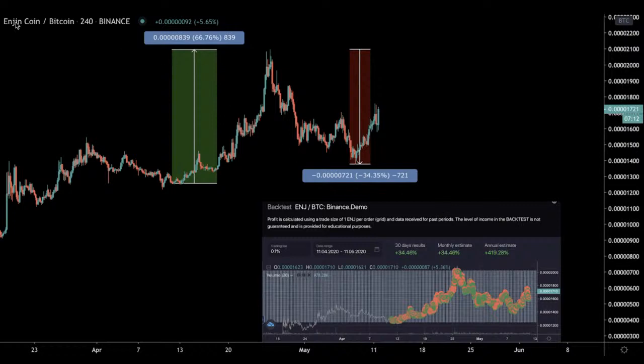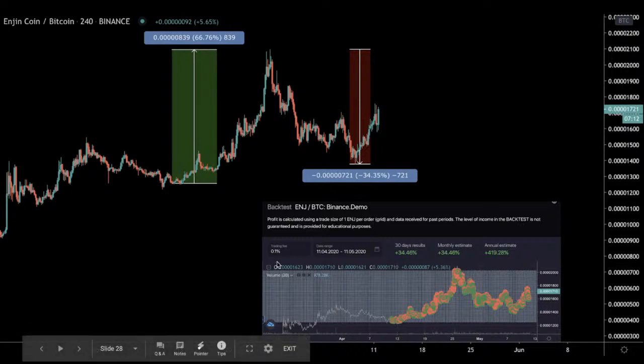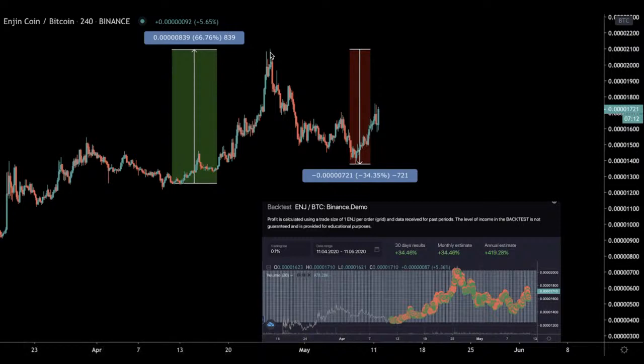So here's the example: NG trading to BTC, starting from the 11th of April till the very high, 66%. So from that point to that point, 66% appreciation, and then a consequent drop of only 34%.